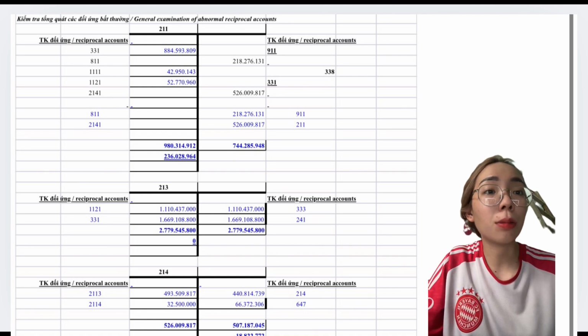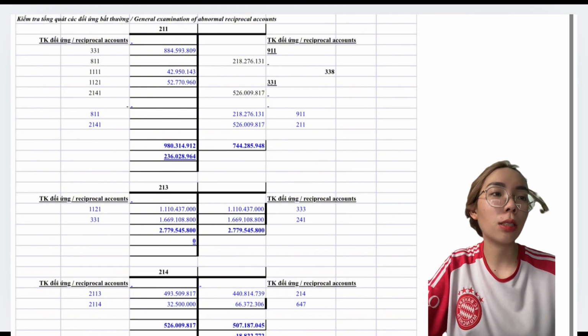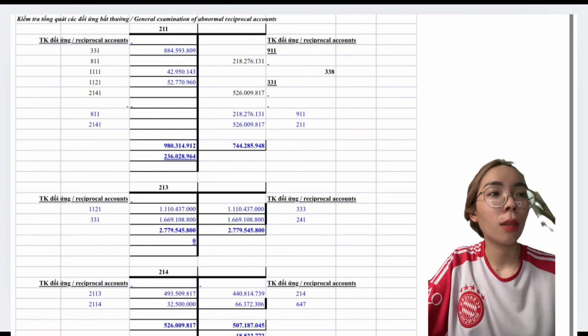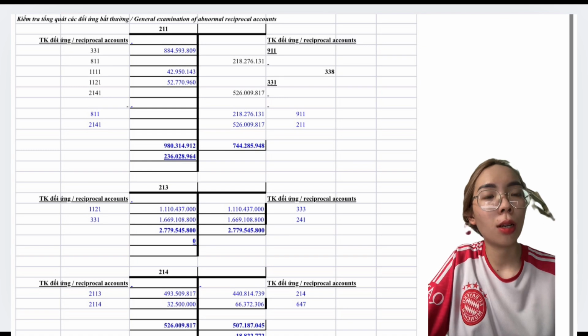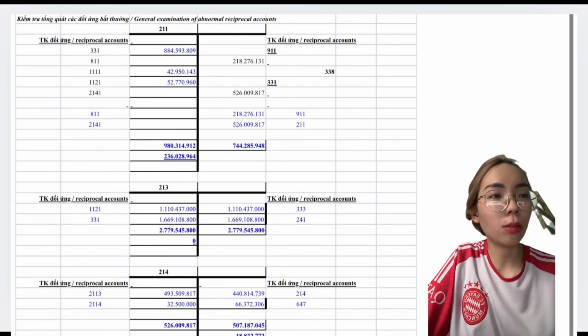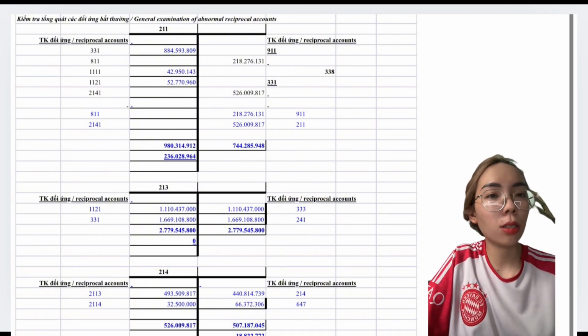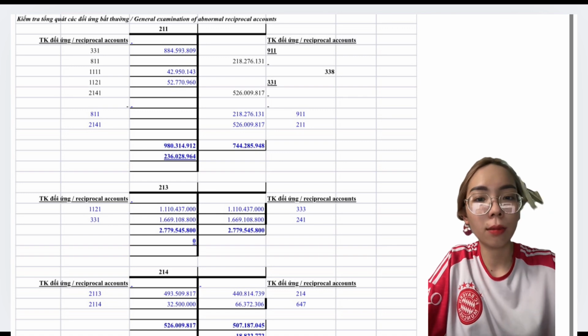Review the depreciation calculation and posting mechanism in account 214. Ensure that reciprocal entries across sub-accounts are fully matched and consistently recorded.